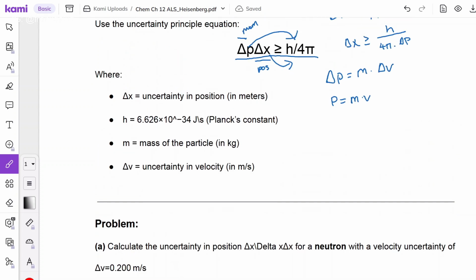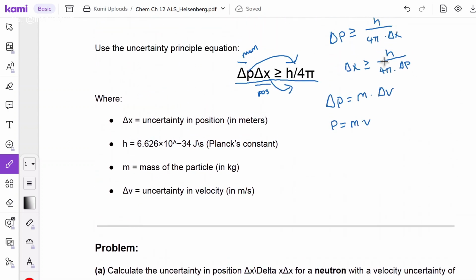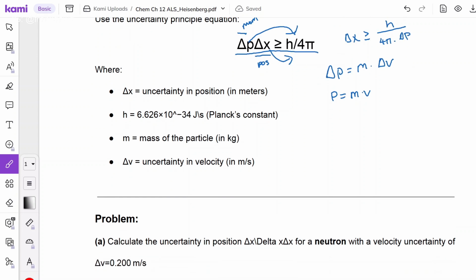So now let's do this problem where it asks to calculate the uncertainty in position. To calculate the uncertainty in position, we use this one where delta X is equal to h over 4 pi times the uncertainty in momentum. Since we have both the mass of the neutron and the velocity of the neutron, we can find the uncertainty for the momentum. So I'm going to do that right now.